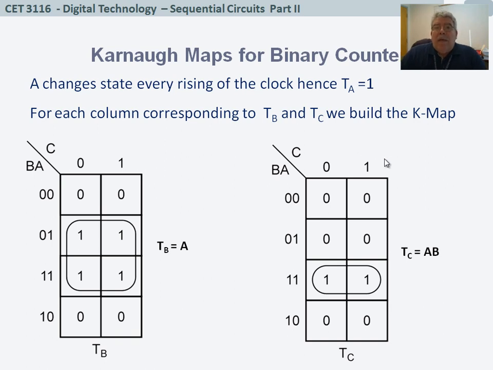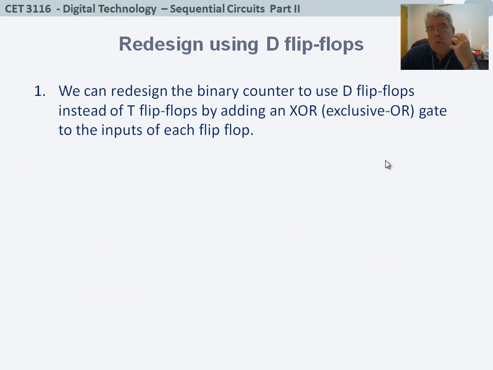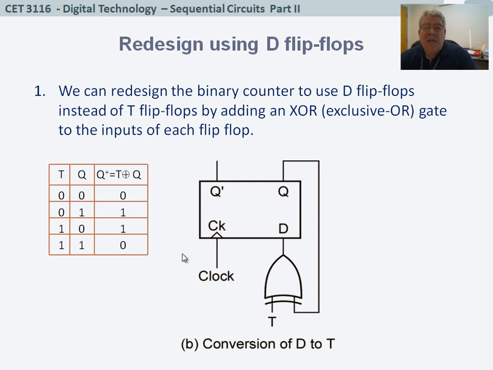Well, the way we can think in terms of D flip-flop, if you remember, is that our D flip-flop can be built using a T flip-flop. If this is our D flip-flop, we use an XOR gate here, and then we feed back the Q, and our truth table would be basically this one. Remember, all we need to think is, what happens if T is 0 and Q is 0?